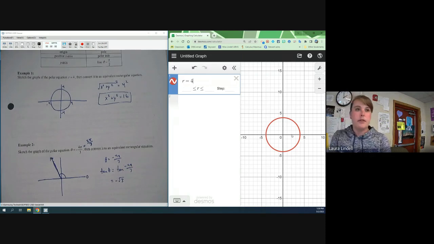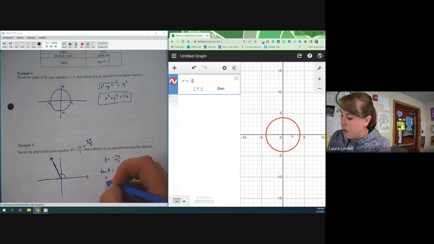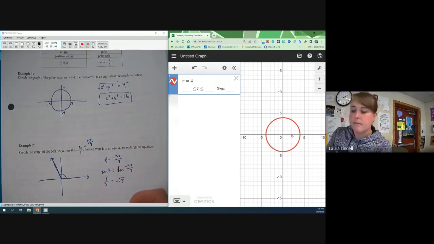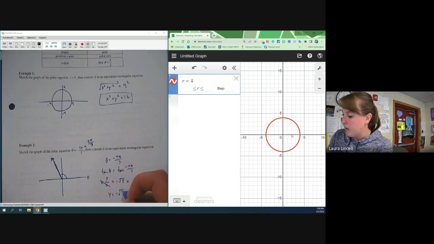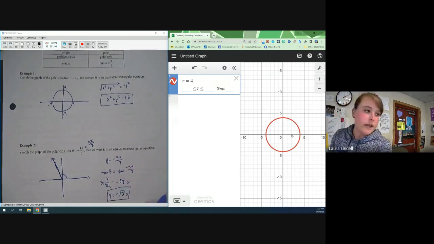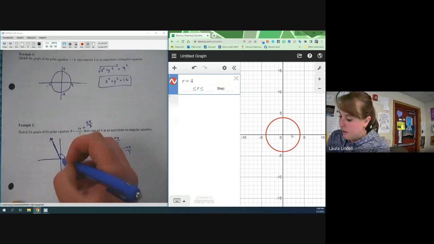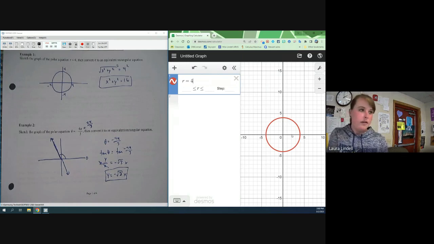When we were converting polar and rectangular, this is something we used a lot. So I can replace tangent theta with y over x, and then multiply by x on both sides to get y equals negative root 3 x. And this would be my equivalent rectangular equation. And it does represent our graph here.